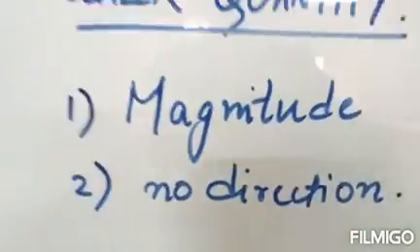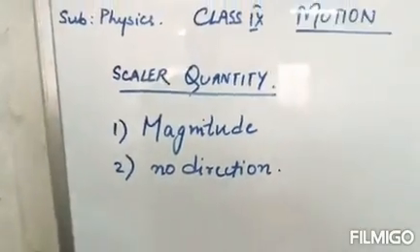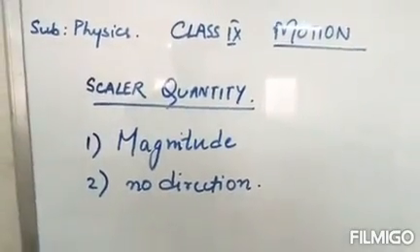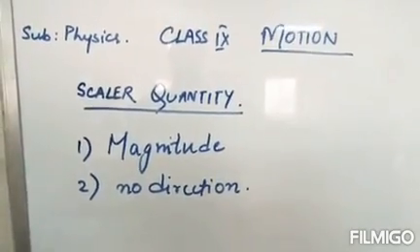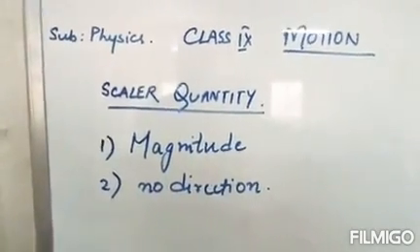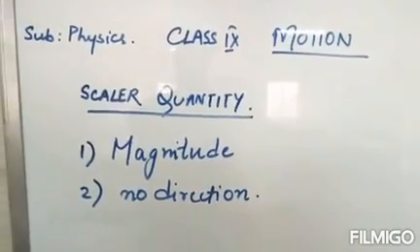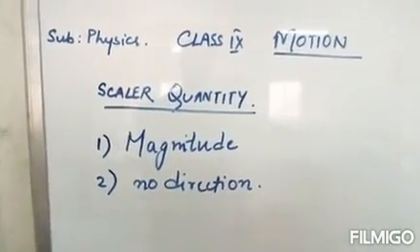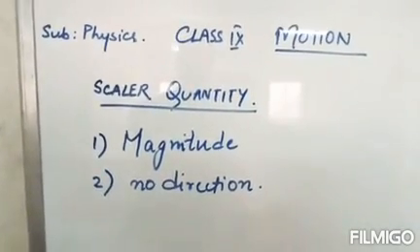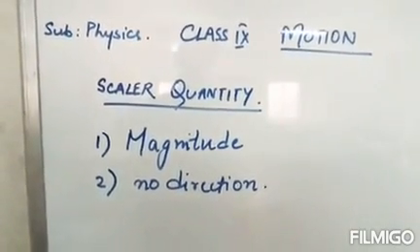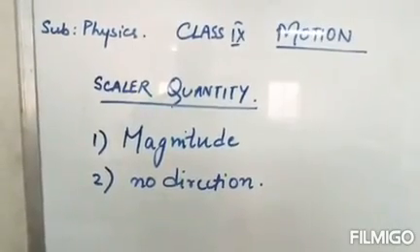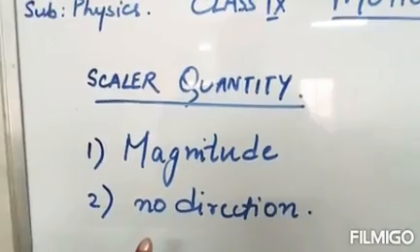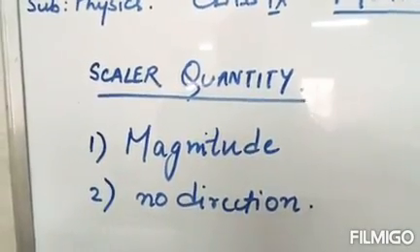Suppose I know to ride a cycle, you all know to ride bicycles, no? Suppose I say my speed of my cycle is 10 meter per second. That will be a scalar quantity. It will have only magnitude and it will not specify any direction.